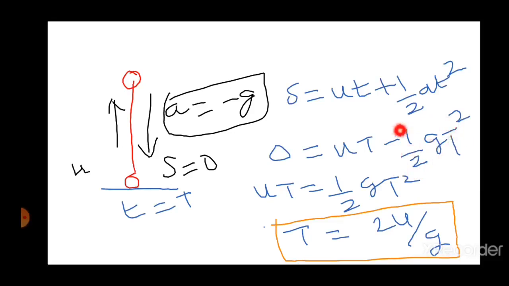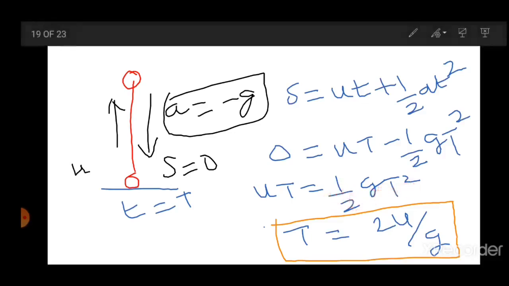This is a negative term, so bring it to the left side. So ut is equal to 1 by 2 g t square. The same term t is cancelled, and finally we get t is equal to 2u by g.